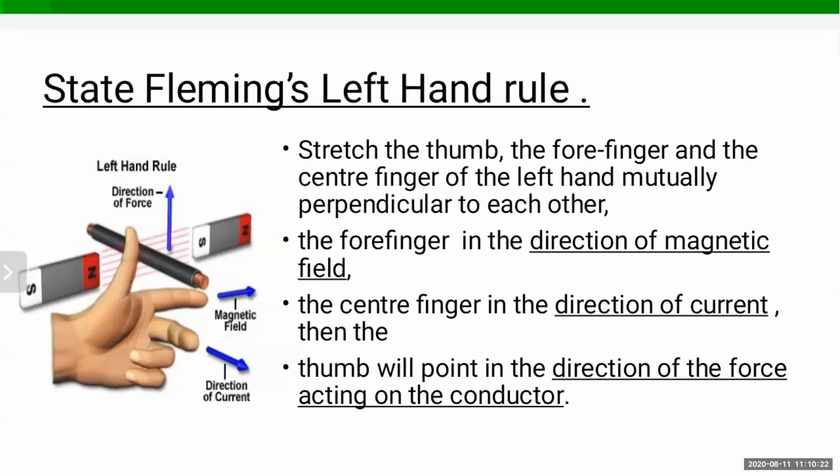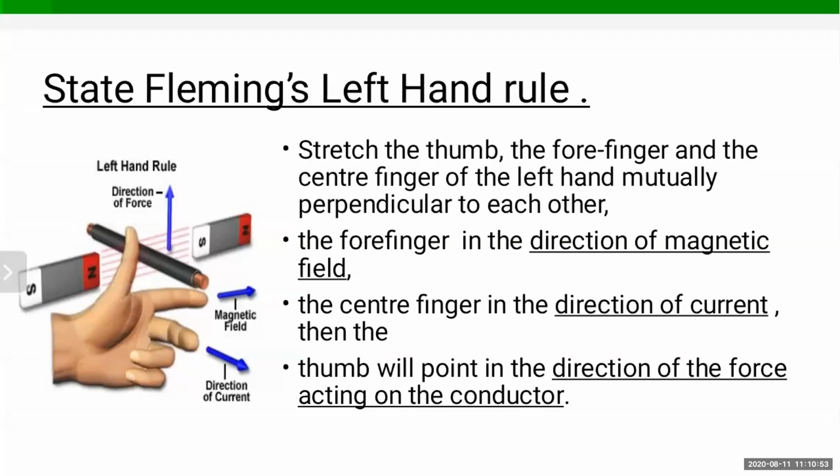Now, Fleming's left hand rule is there. How do you determine the direction of the force on the wire? How to verify? You know that according to the law of conservation of energy, energy can neither be created nor be destroyed.